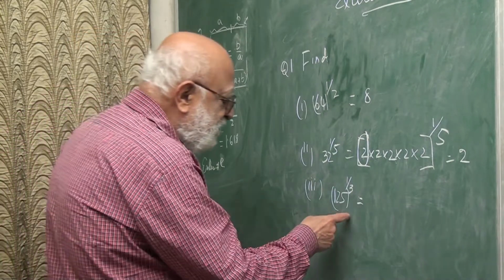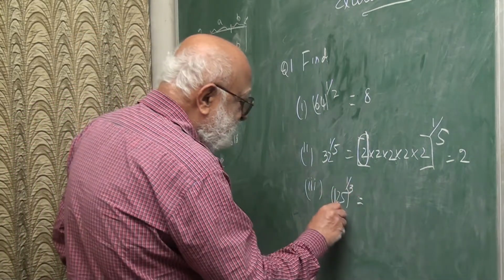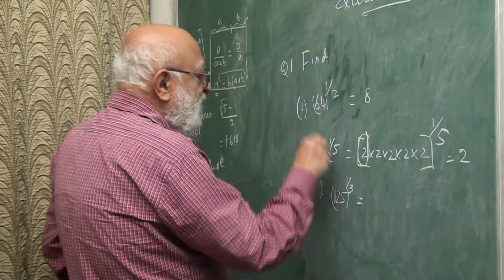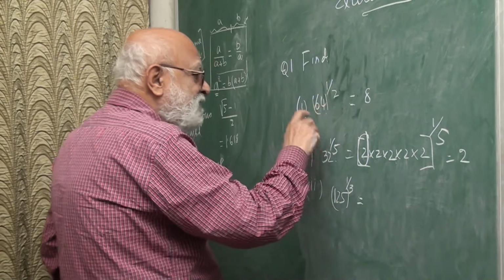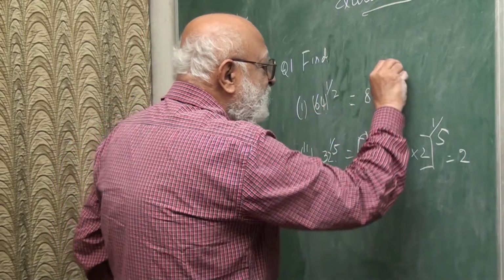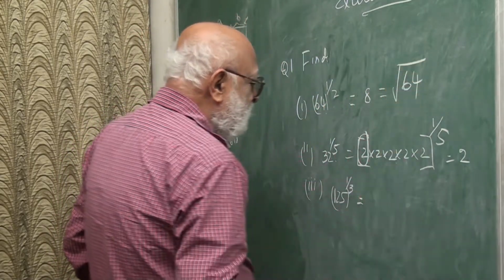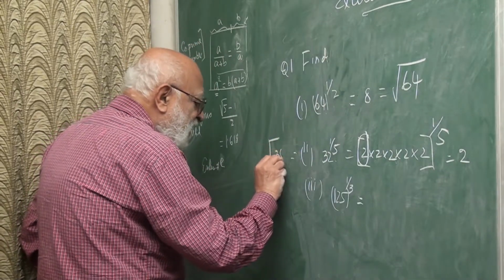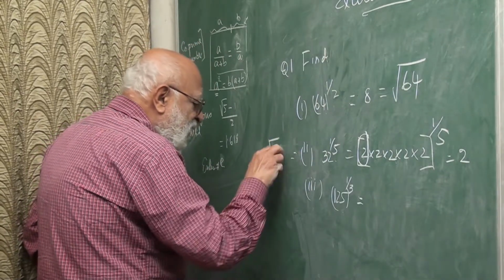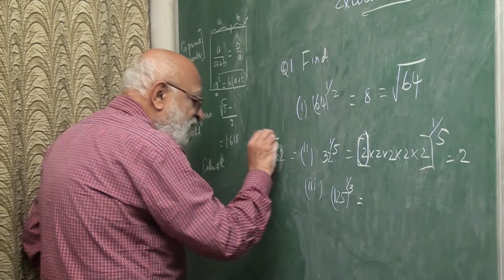So what is it? This is square root, this is 5th root, this is cube root. Only thing is how it is represented. I could have also written it as root of 64, and for 32, the 5th root. I could have written it this way.